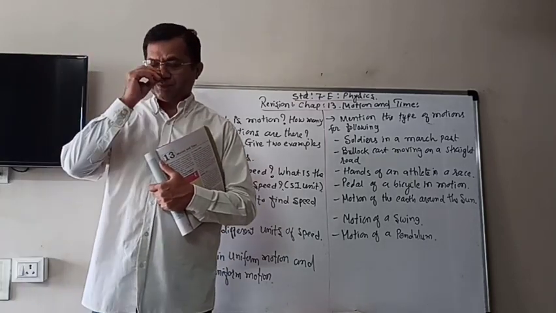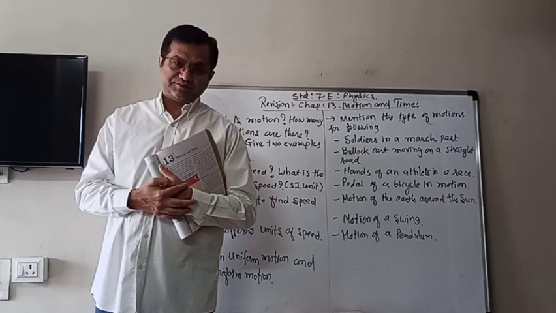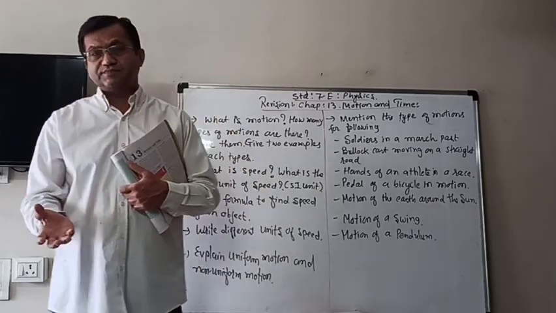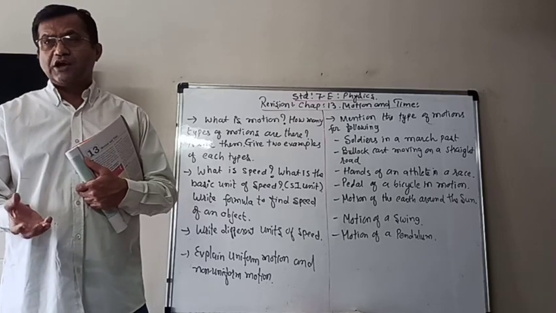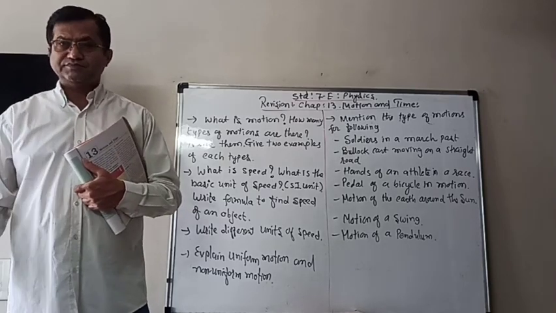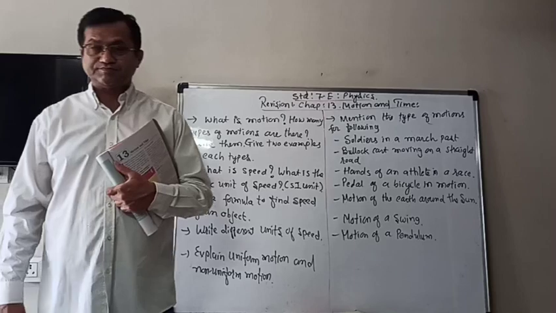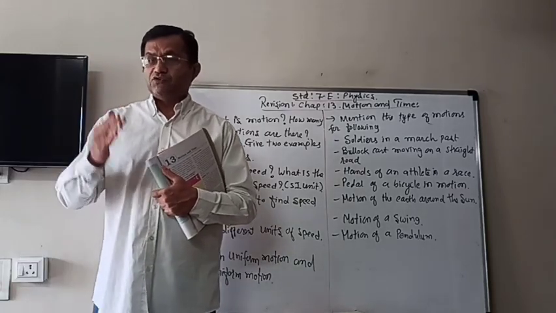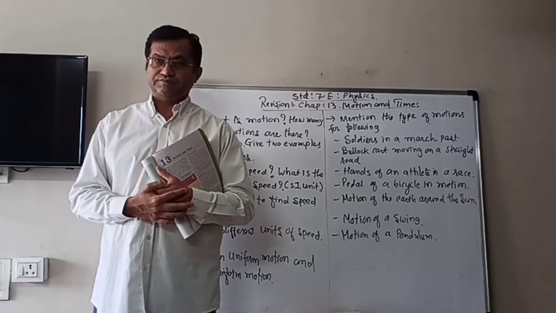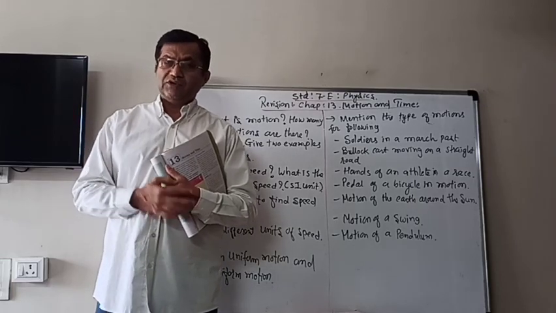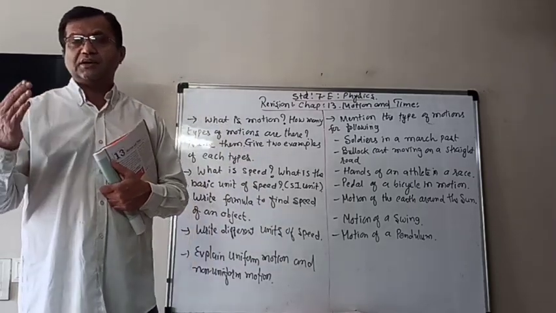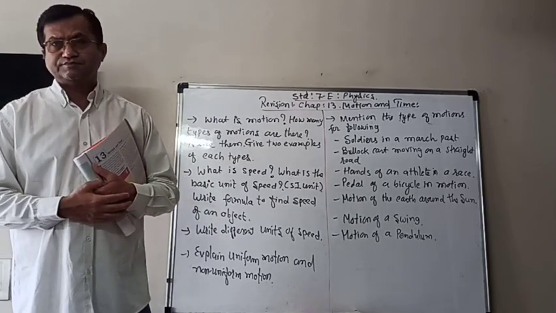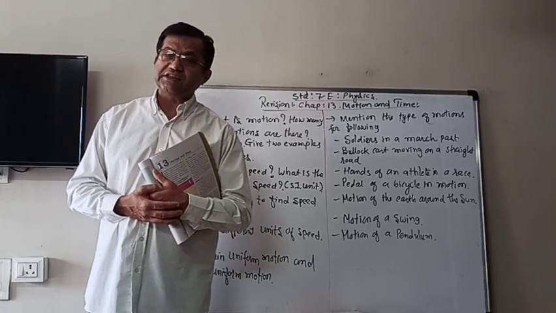When we watch the objects, and if they do not change their position with respect to time, they are said to be at rest. But if the object changes its position with respect to time, then we can say that it is in motion.